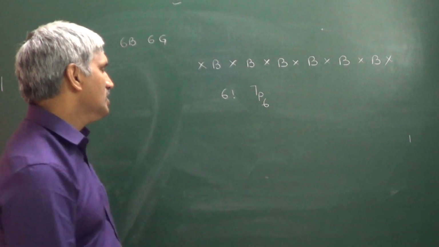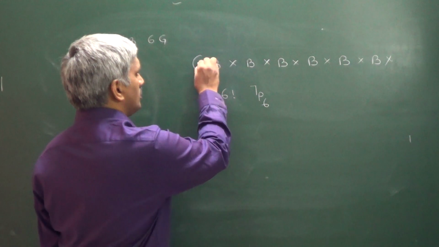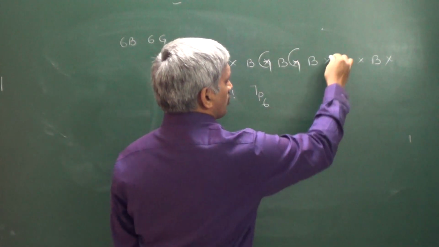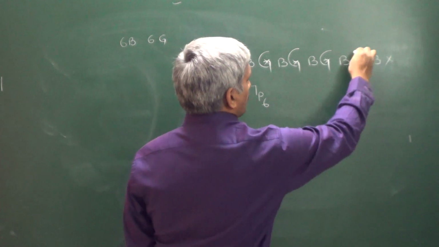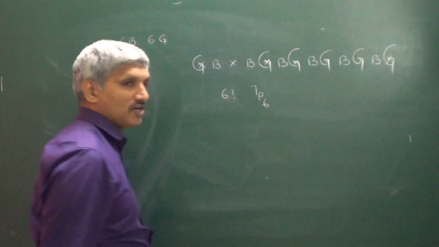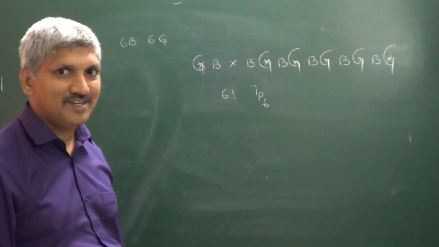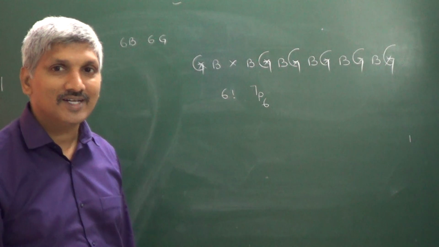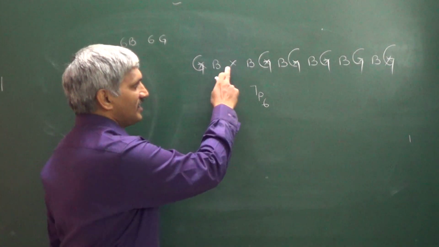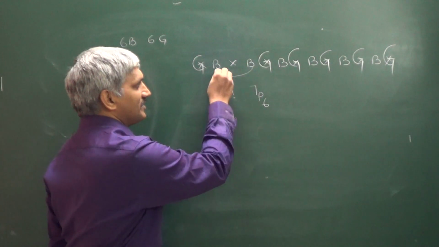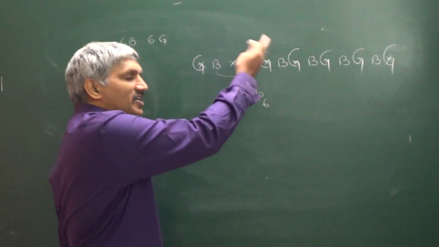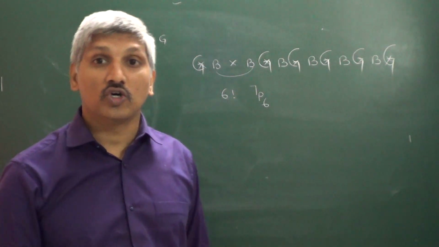The reason is, suppose here you filled one girl, here also, here also, here also, and in the last place also a girl is occupied. But what happens here? Boys and girls sitting alternately is not satisfied, because here boys are together, so girl, boy, boy, girl again. That's why it is wrong.